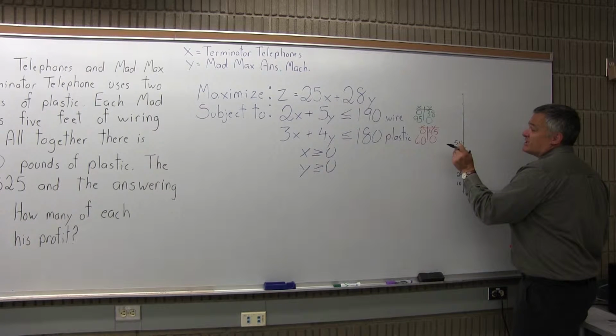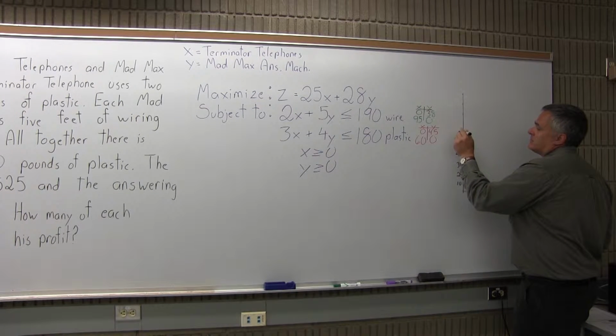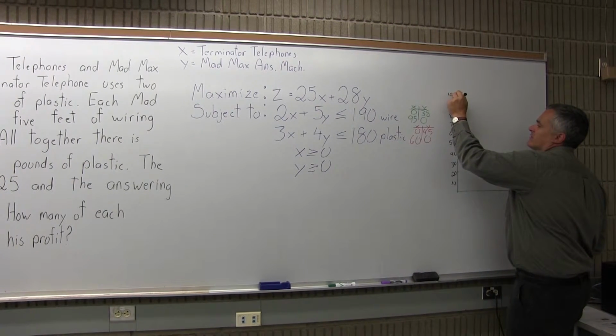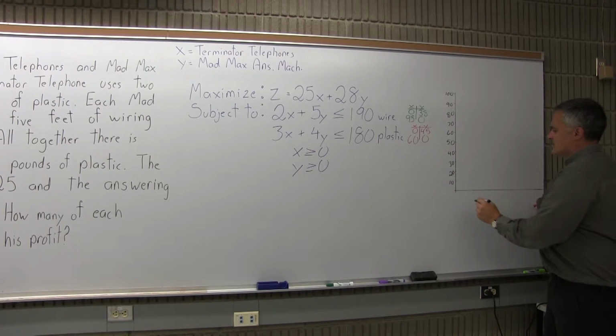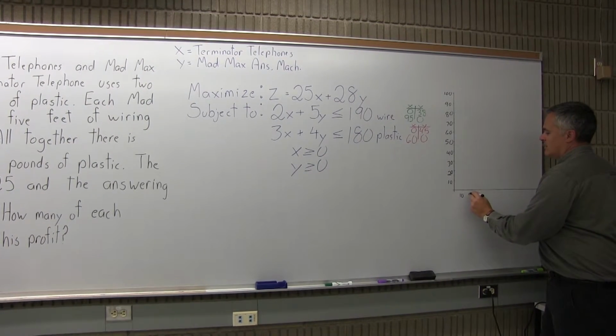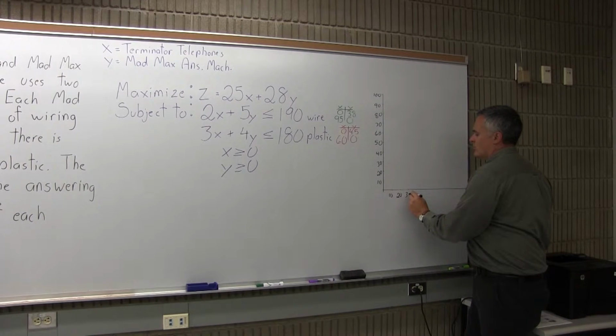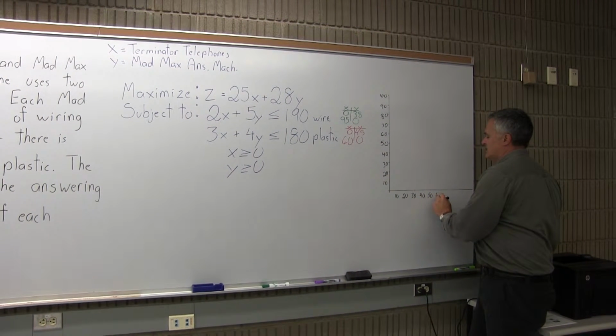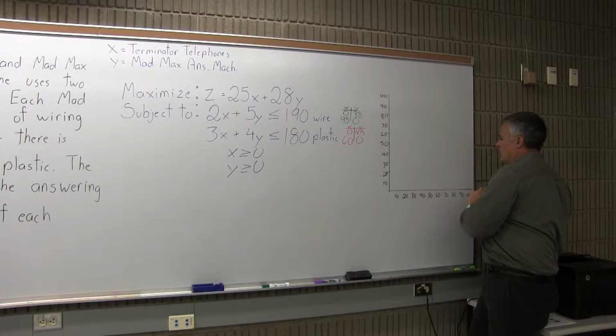That's actually enough, my biggest y is 45, but I can easily just run it to 100. It's a natural spot to stop. You don't have to. And the x, I will also do 10, 20, 30, 40, 50, 60, 70, 80, 90, 100.